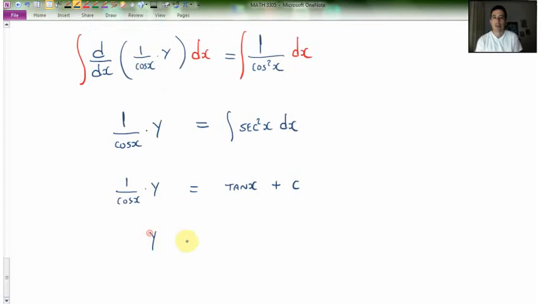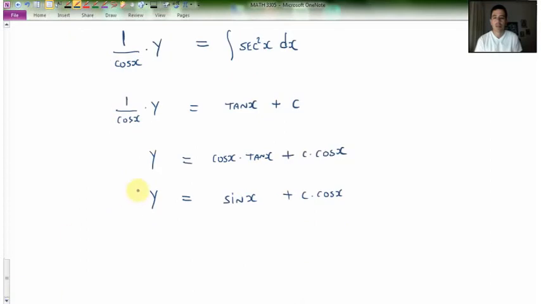Let's solve for y. This is cosine x tangent x plus c times cosine x. And since tangent is sine over cosine, the cosine will cancel. So what is left here is just sine. So that becomes the solution.